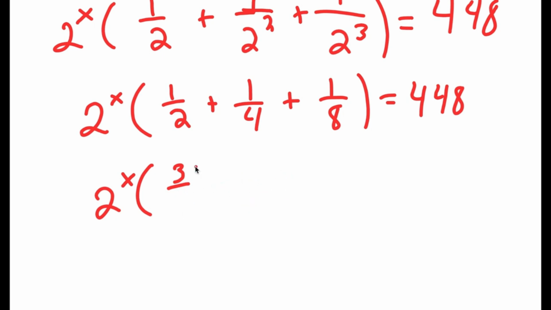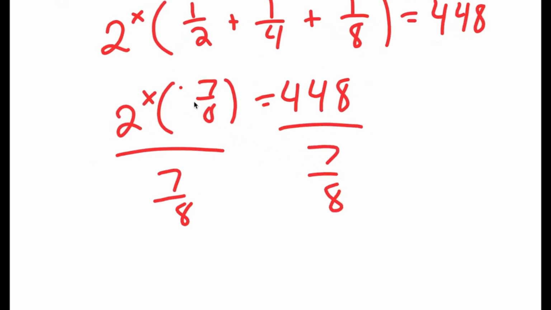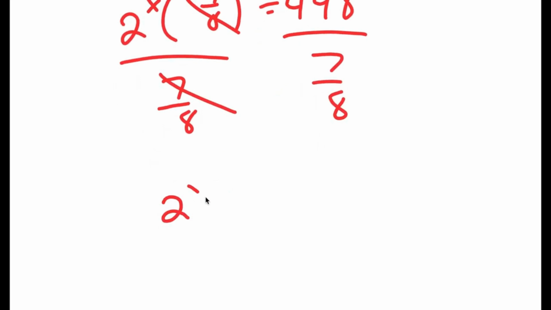So now I have 7 over 8 times 2 to the power of x is equal to 448. Now we want to isolate 2 to the power of x, so I'm going to divide both sides by 7 over 8. So these two cancel out, and I get 2 to the power of x is equal to 448 times 8 over 7.